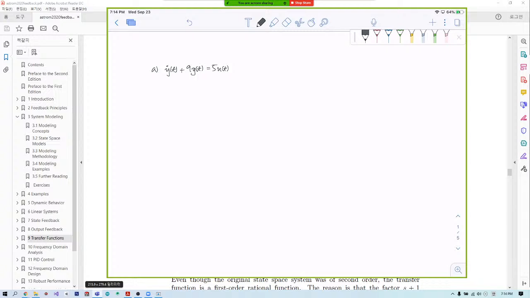So we want to find the transfer function. Okay.